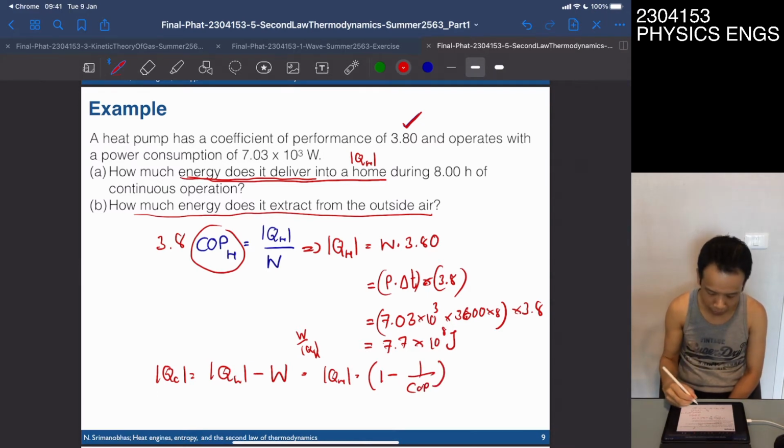You know COP already, you know QH already, so you place it in and finally you get the answer: 5.767 times 10 to the 8 joules.